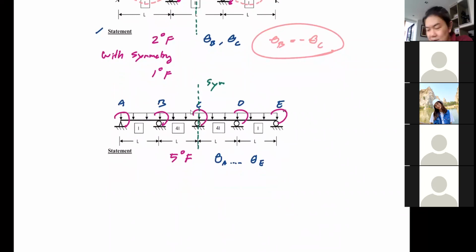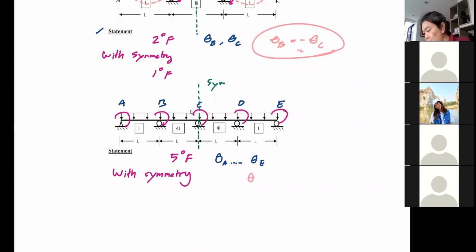Now that you know, this beam is also symmetric. So if we take advantage of symmetry, what can you tell? 3 degrees of freedom. 3, that is quick. Very good. It is 3 because you can say theta B will be equal to, is it going to be the same or different?